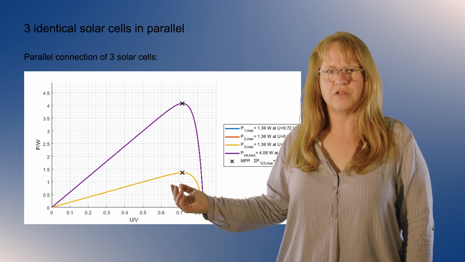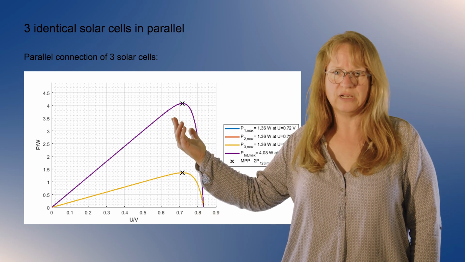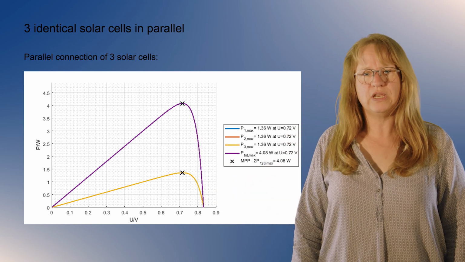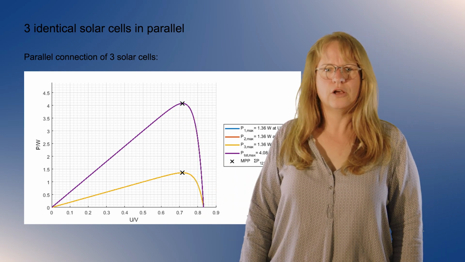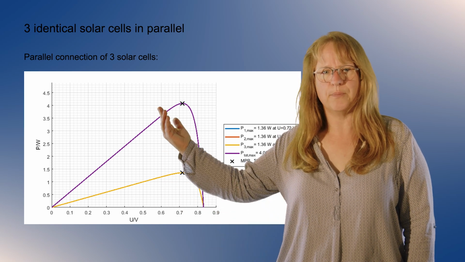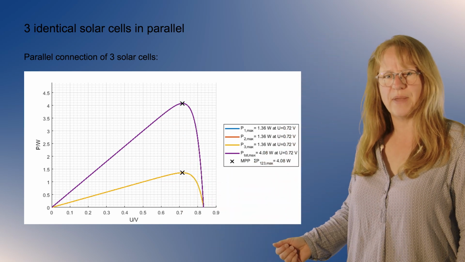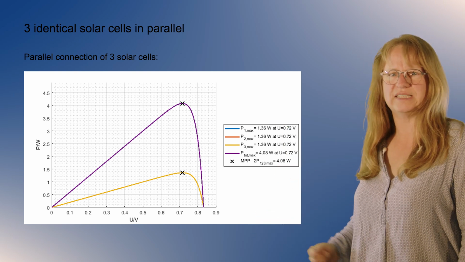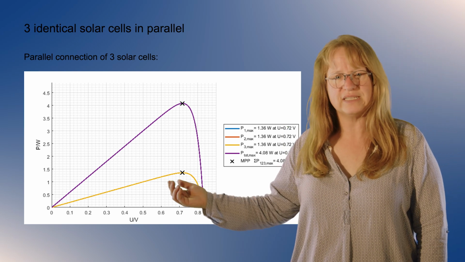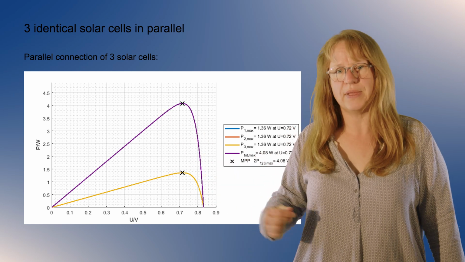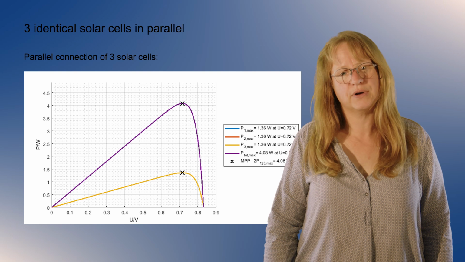And then for the overall, the total current multiplied by the voltage, we get the purple curve shown here. And if we look at where the maximum power point is, we see this given here by this cross. We see that the maximum power point is always at 0.72 volts for the individual cells and for the total module, summing up all of the different currents.